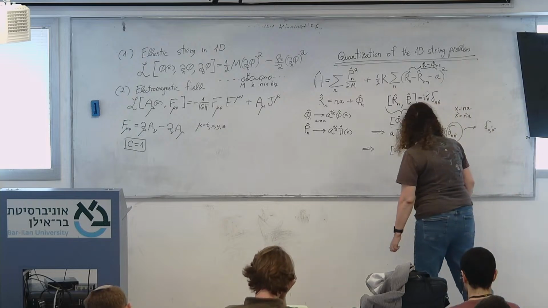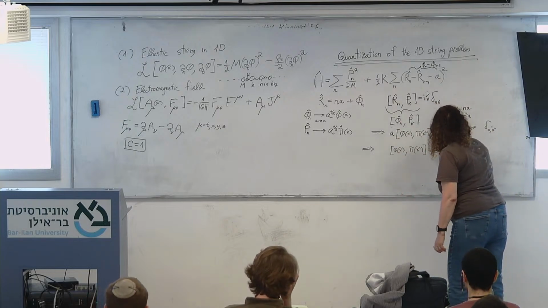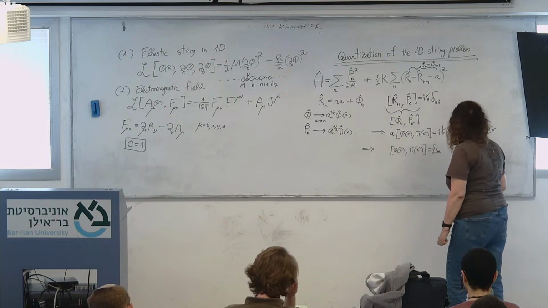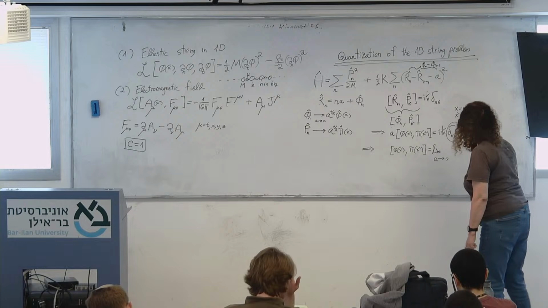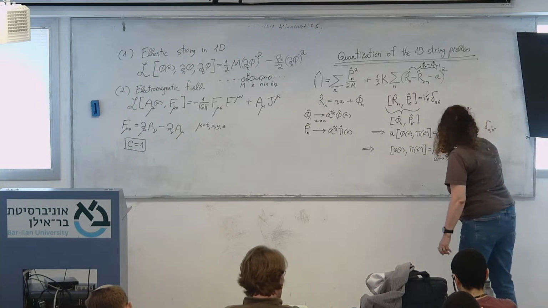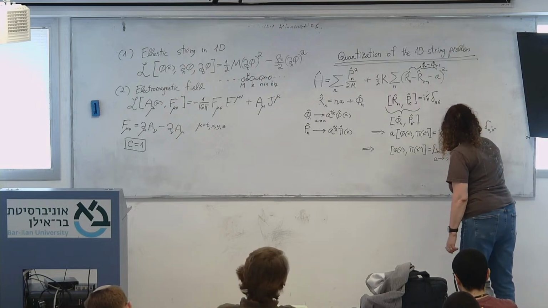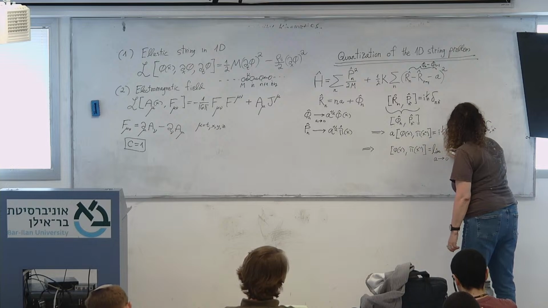So we're going to define it as the a goes to 0 limit of a Kronecker delta of x, x prime divided by a.